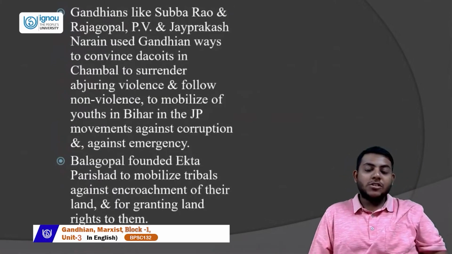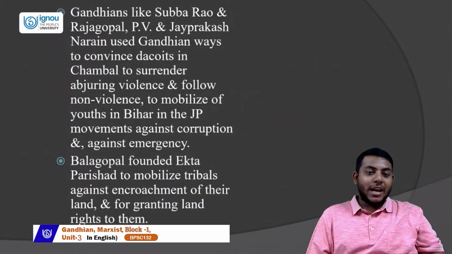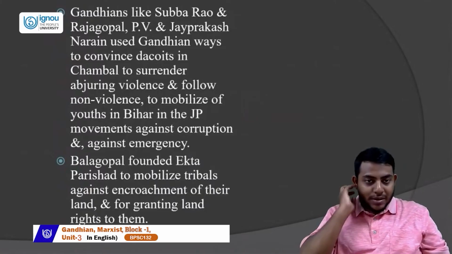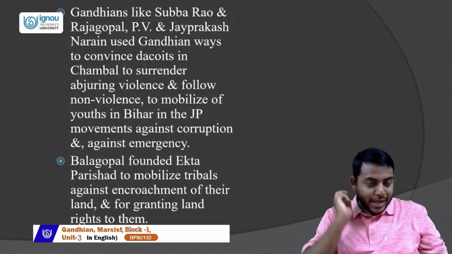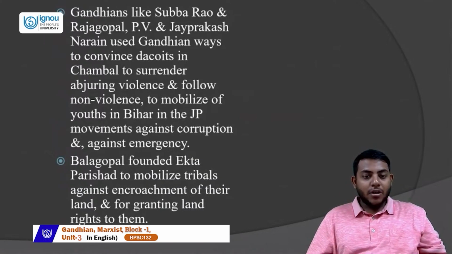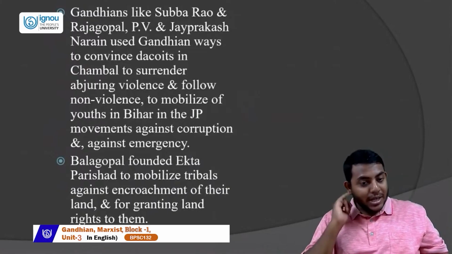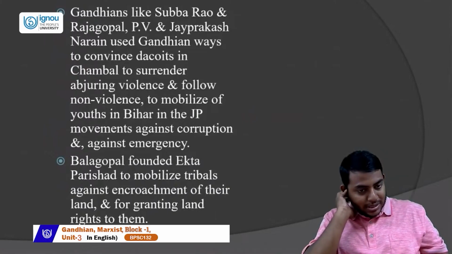Gandhians like Subbarao, Rajagopal PV and Jayaprakash Narayan used Gandhian ways to convince dacoits in Chambal to surrender, abjuring violence, and followed non-violence to mobilize youths in Bihar in the JP movement against corruption and against emergency.